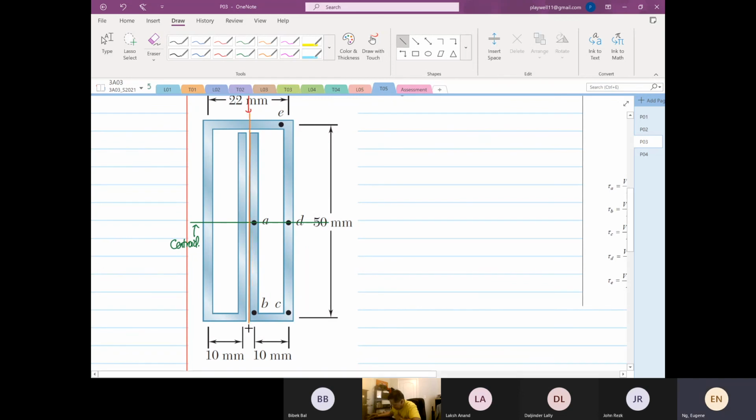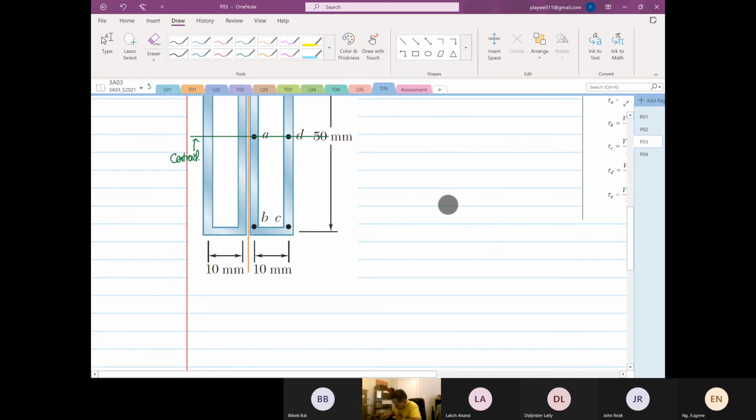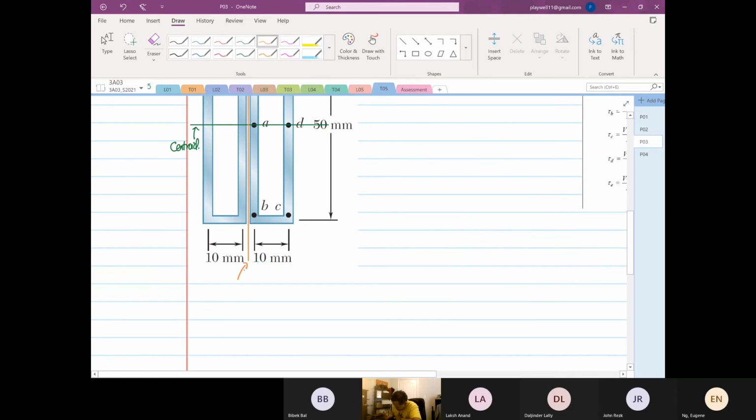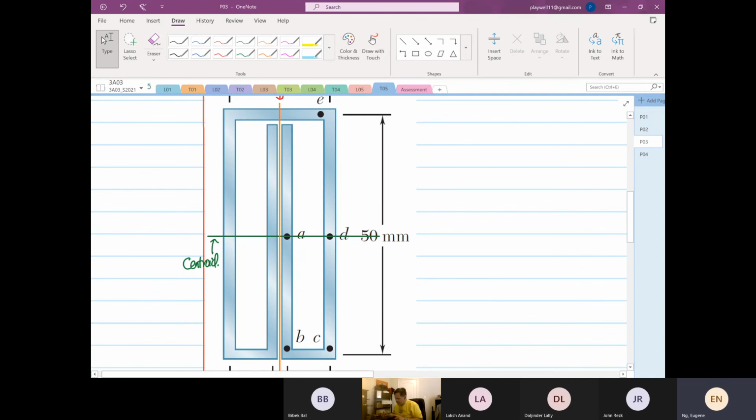It's exactly at the center. So for this case, it's interesting, because you see how we construct the shear flow. The web controls the direction of the shear flow.